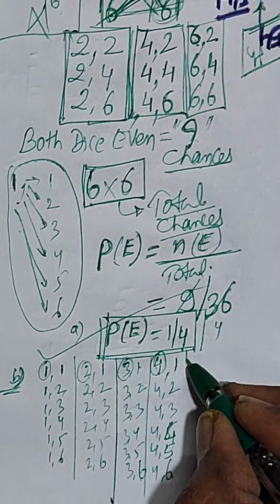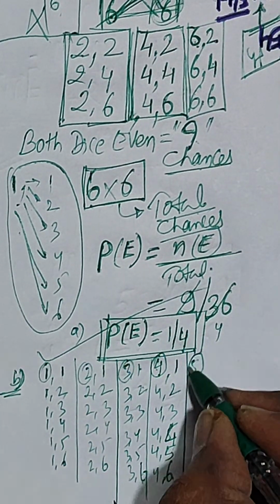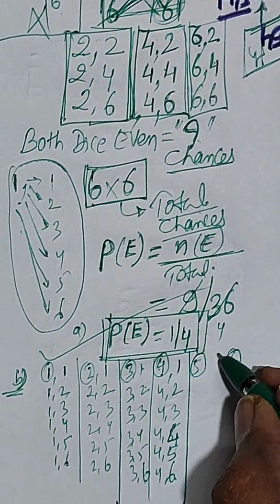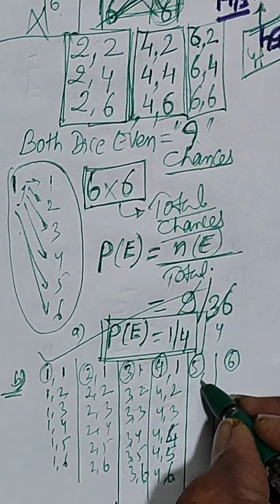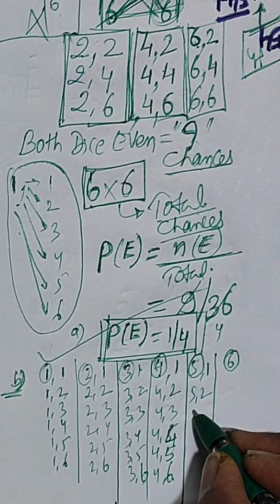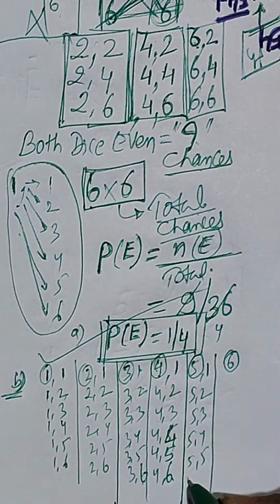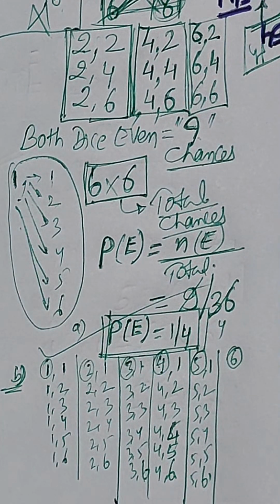Now two more options are left when the first face of the dice is coming 5 or 6, right? When 5 is coming, it can be 5 1, it can be 5 2, it can be 5 3, it can be 5 4, it can be 5 5, it can be 5 6, right?